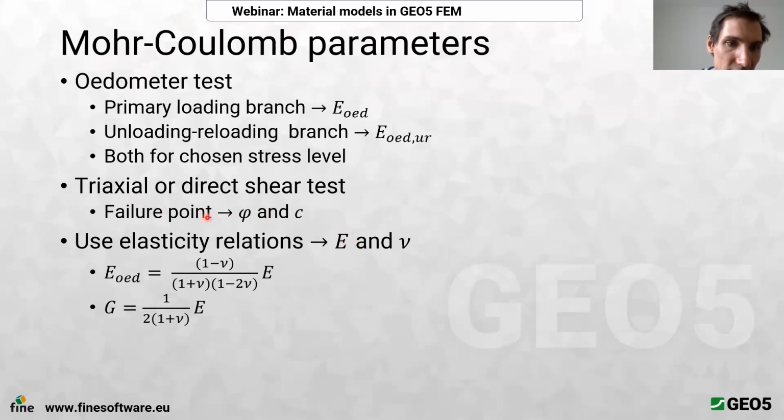Then you receive the angle of internal friction and cohesion from a triaxial or maybe a direct shear test. And if you have just a direct shear test, you have to estimate somehow the Poisson ratio and then use it to get the Young's modulus out of the oedometric modulus that you have measured in the oedometric test.